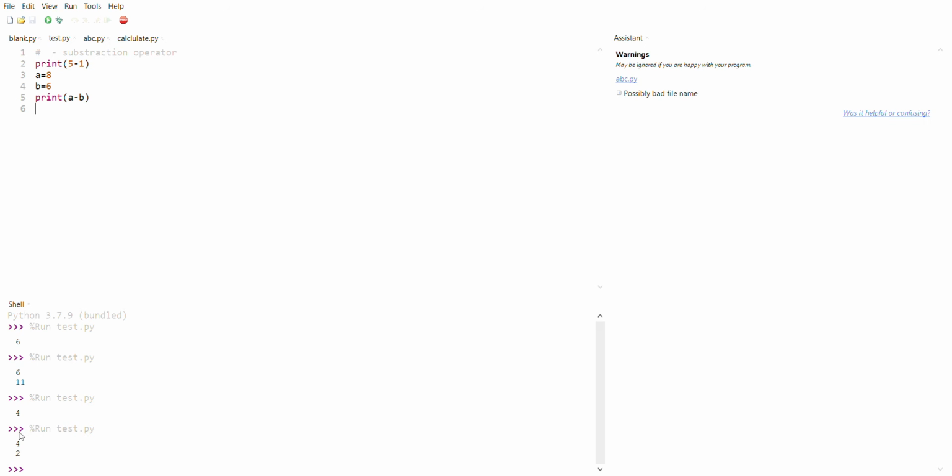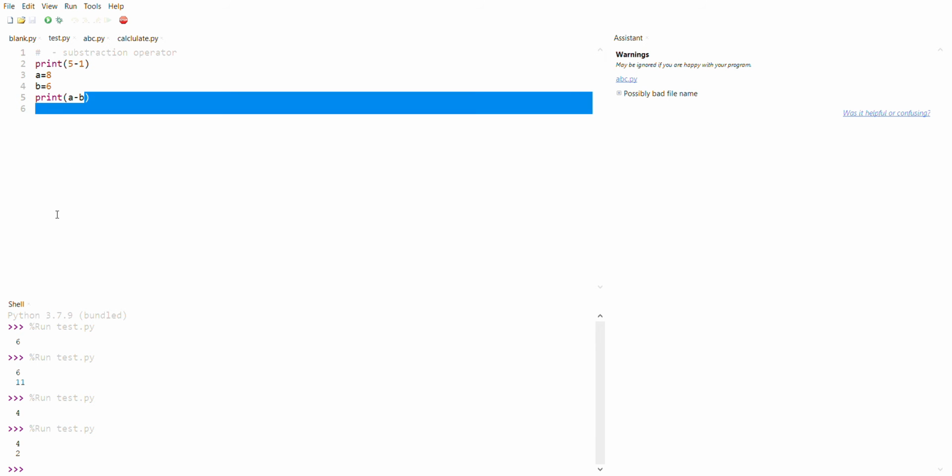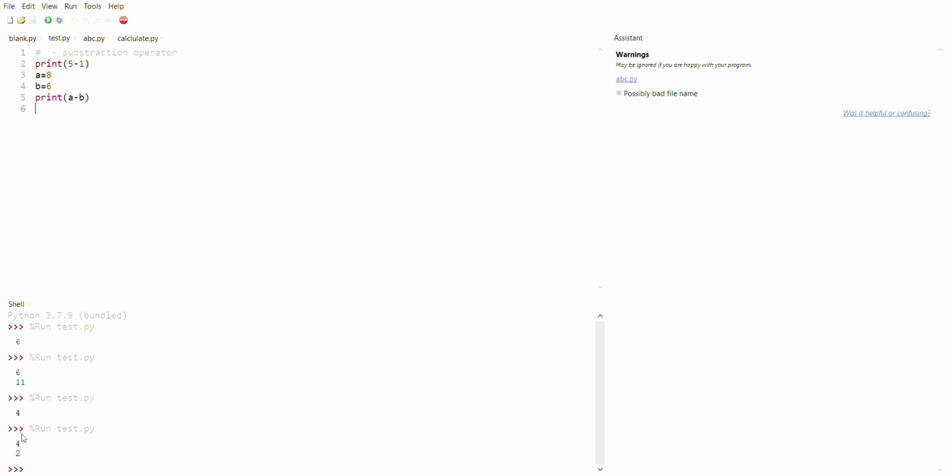We got 5 minus 1 as 4, and A is equal to 8 and B is equal to 6, so A minus B is equal to 8 minus 6. So here we got 2.